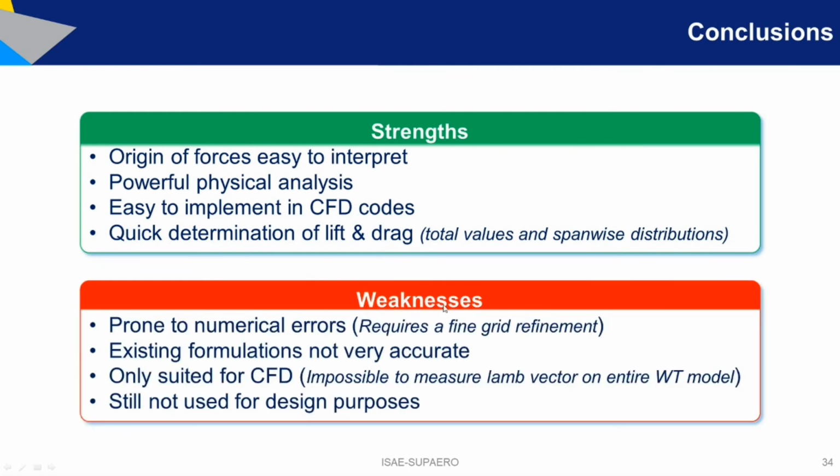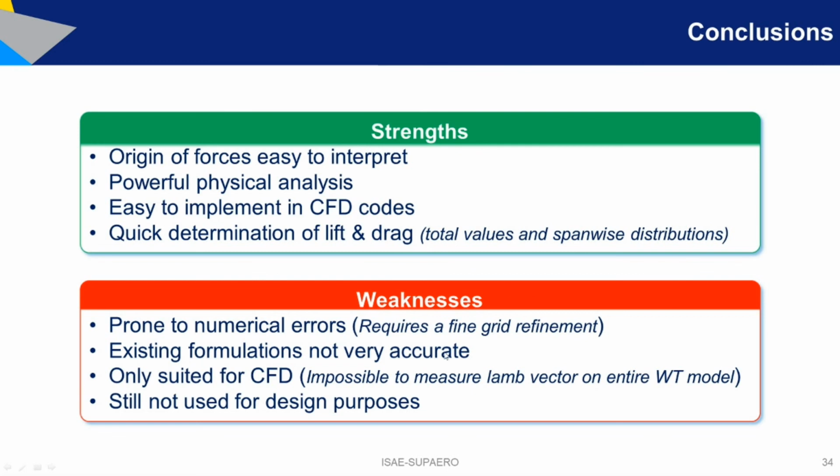As I mentioned before, regarding the weaknesses, this is prone to numerical errors because you have to integrate vorticity inside the boundary layer, inside the small volumetric region around the airfoil, so you really need to compute that in an accurate manner. This is a very important problem today, and work is currently being developed to solve it.